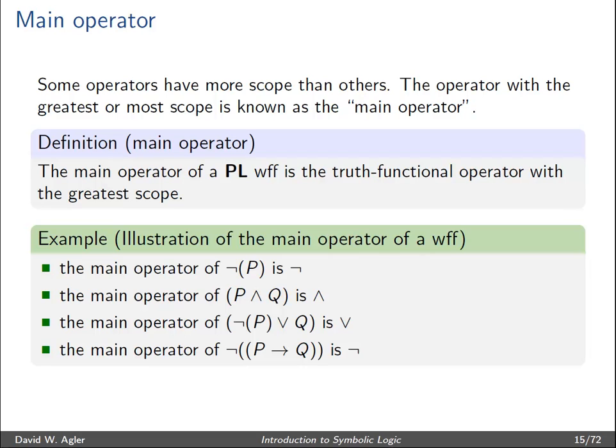The right arrow has its scope P right arrow Q, but the negation operator has its scope the whole formula, so it's the operator with the most scope.